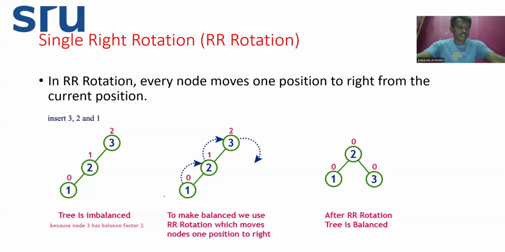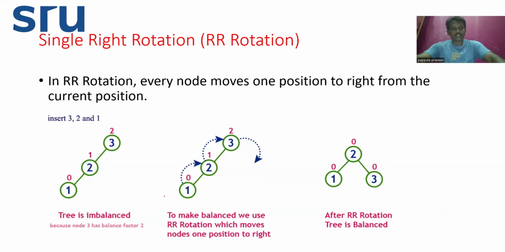And the next one is 1, which is also the left node. And this is called the left skewed tree.